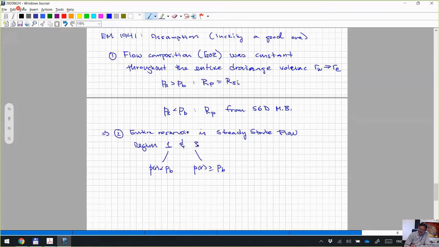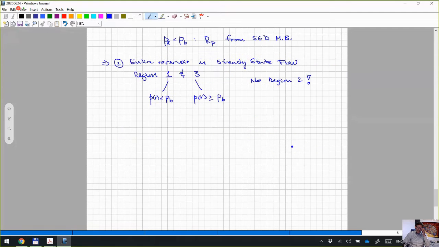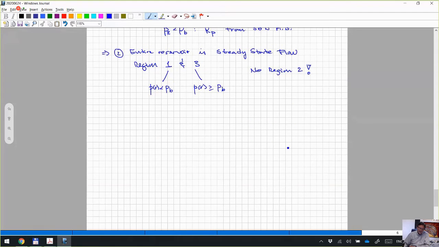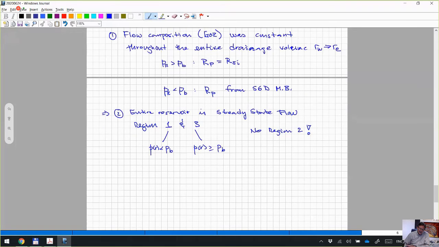In other words, single phase oil, so there was no region 2. Okay? No region 2. So the flowing composition, the flowing GOR was constant throughout the reservoir for the entire drainage.